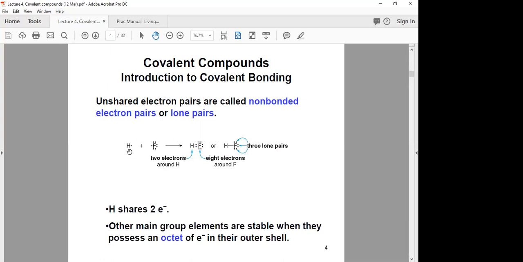Now, think about this again. Hydrogen has 1, and it actually wants 2 to fill that 1s subshell. Fluorine has 7. How many does fluorine want to be stable? 8. 8, yes. So remember 8, the octet rule. Fluorine wants 8 electrons. So what happens?